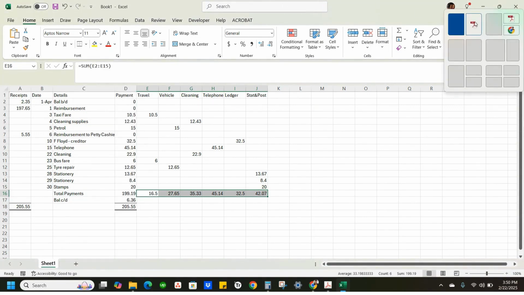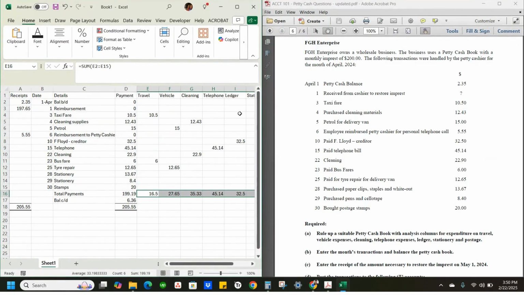I'm just going to add, just so it looks a bit tidier right here. Great. So, okay, good. So our question A is completed because we ruled up and we entered the analysis columns. We entered based on B the transactions for the month, and now we're on to C, where we have to reimburse or restore the petty cash to the $200 on May 1st, 2024.